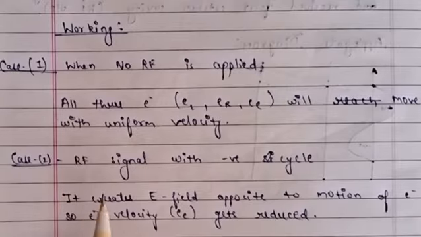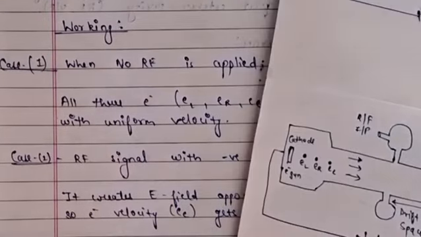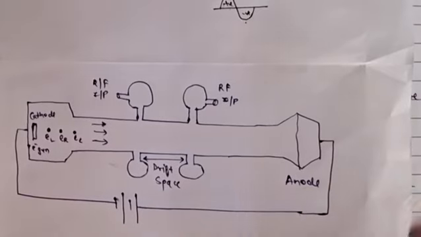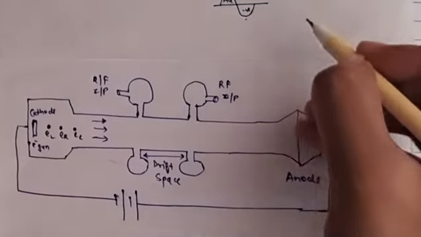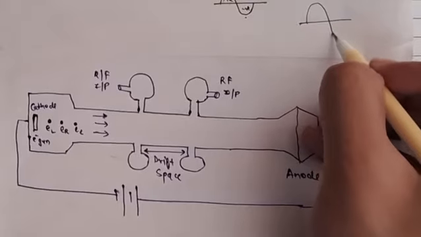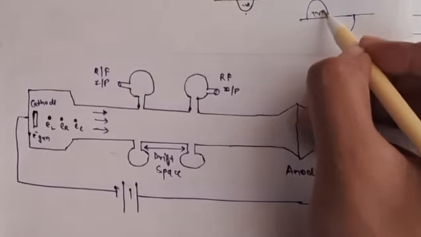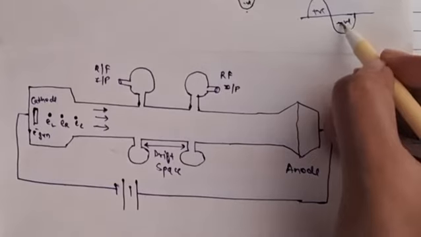Coming to case two, when RF signal is applied with negative cycle. We all know that signal has two cycles, the positive cycle and negative cycle.